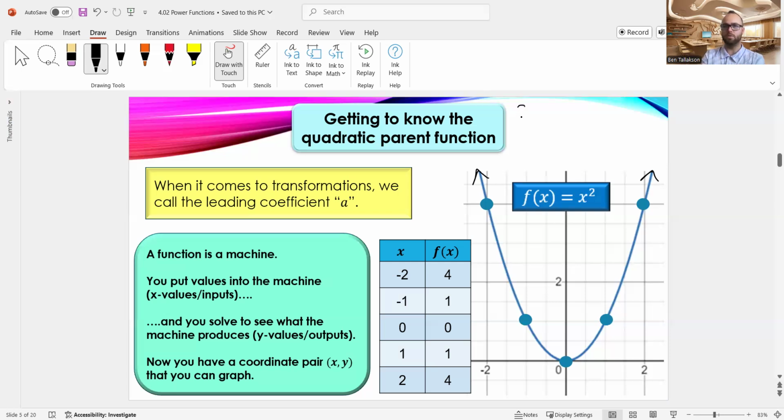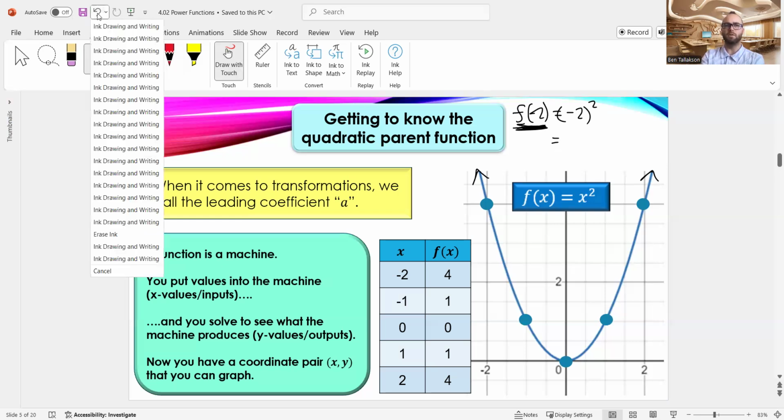Okay, so all of the work isn't shown here, but let me just show you. I have my function f. I plug in -2. Remember, if you substitute, use parentheses. And then on the left side, nothing changes. This just tells me what I'm doing. This tells me I'm using function f and I'm plugging in -2.